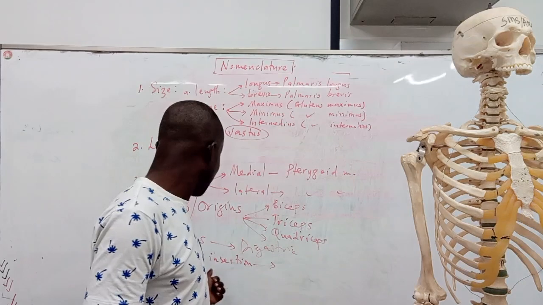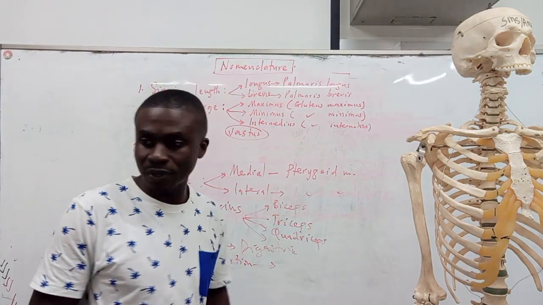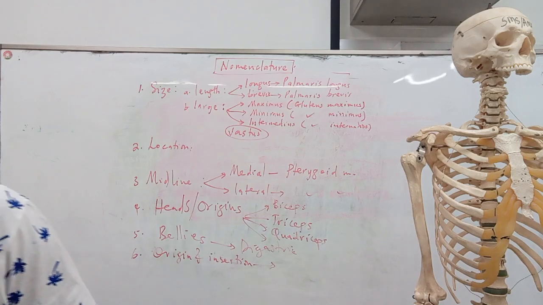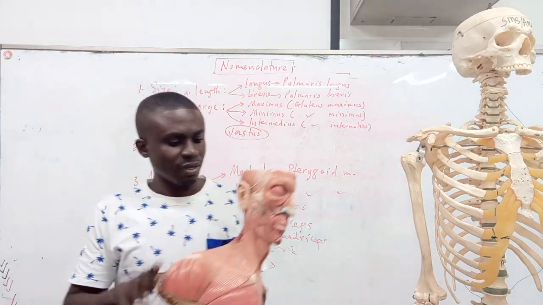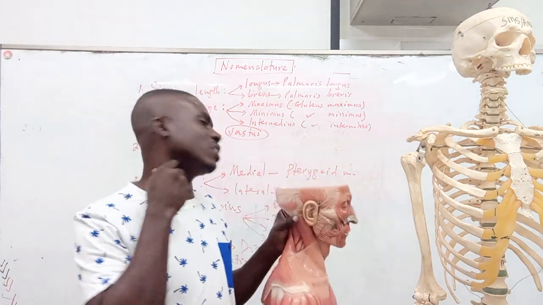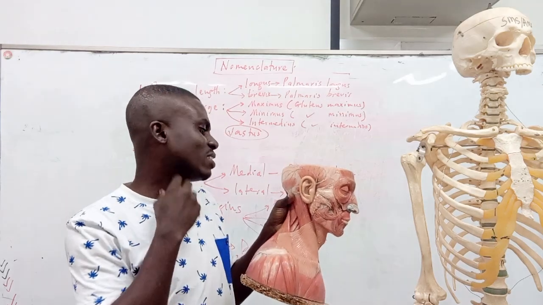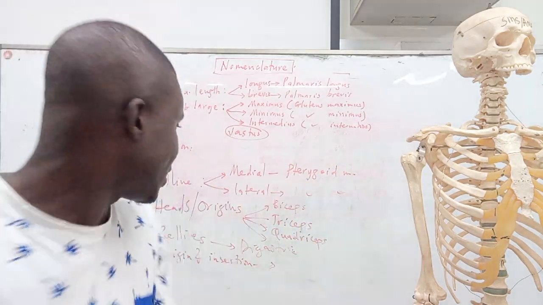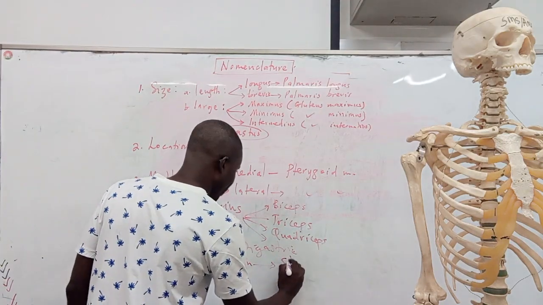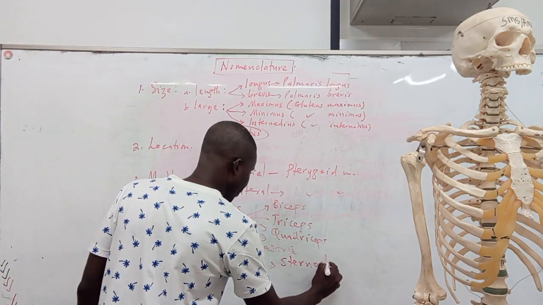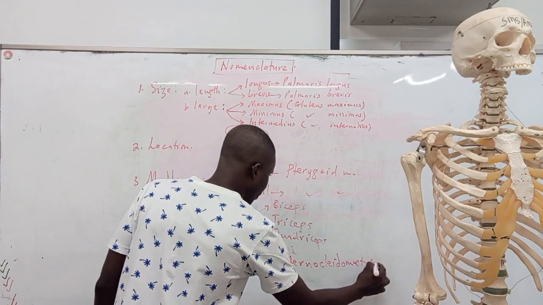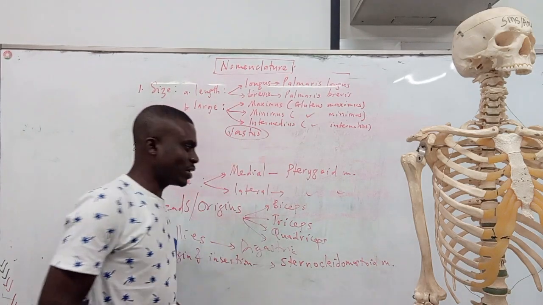Okay, so I've mentioned origin and insertion. There's this muscle we find over here, and you can see it here. We call it sternocleidomastoid muscle.